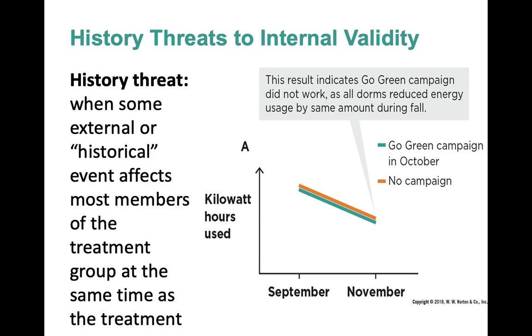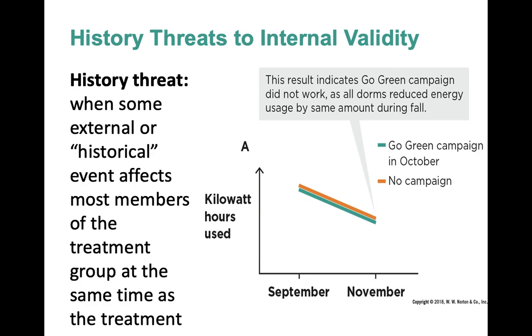And what we likely have here is a history effect. There's some external event. Well, what external event could be happening from September to November? Well, the season is changing. And usually what happens, at least here in California, is it can be pretty warm in September, and even in early October you can get some warm weather. Then by November, the weather starts to cool off.